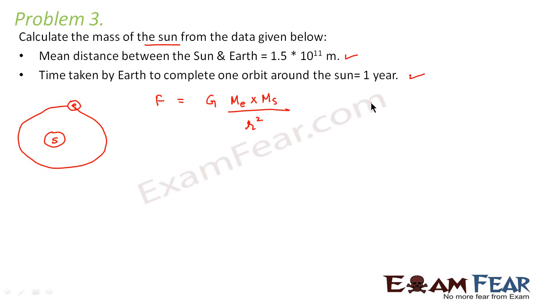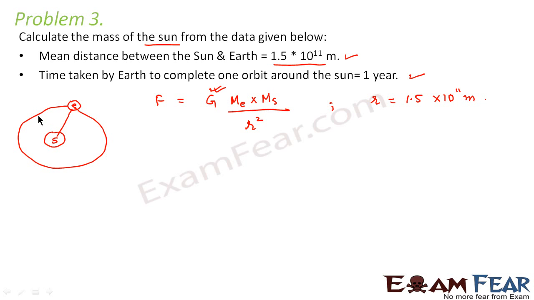Now what is r? R is the distance between the earth and the sun. So what is this distance? This distance is equal to 1.5 into 10 to the power 11 meters. And we already know the value of capital G.